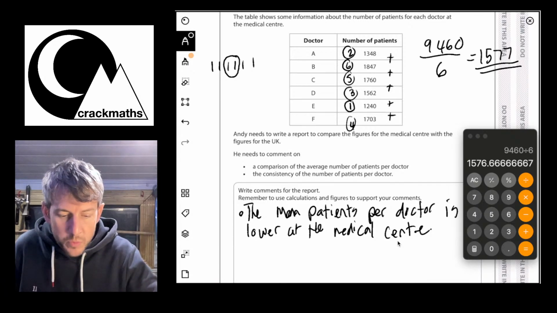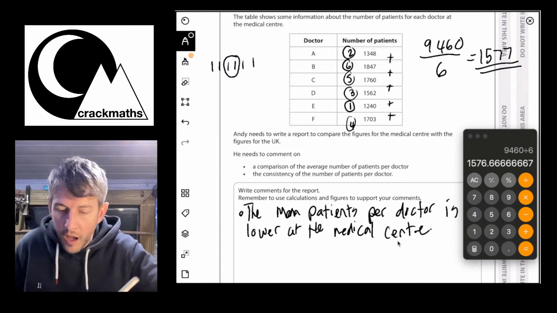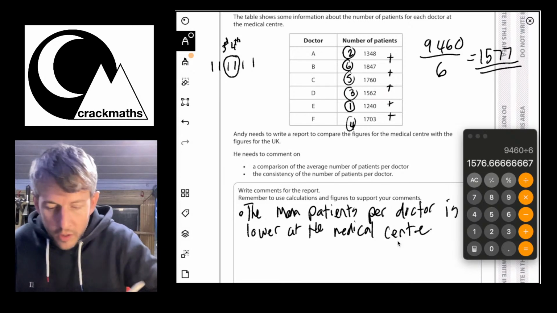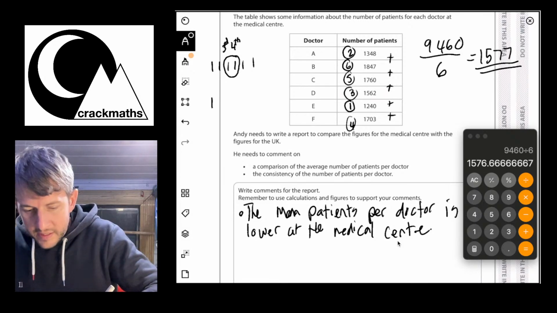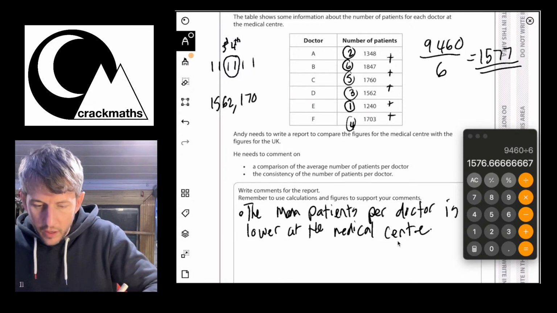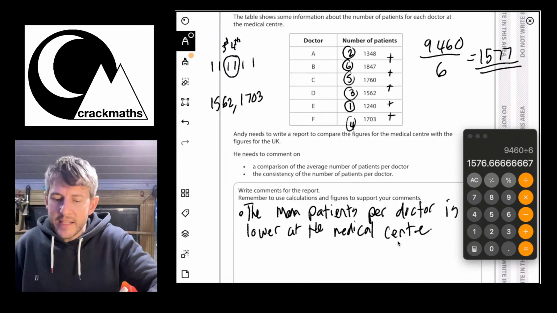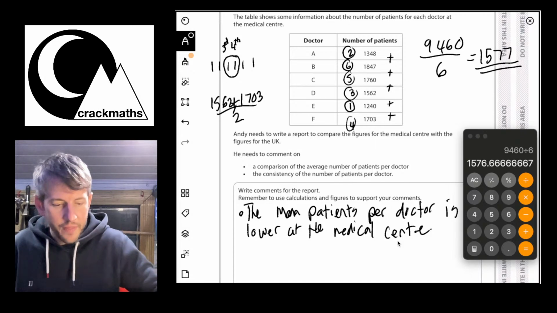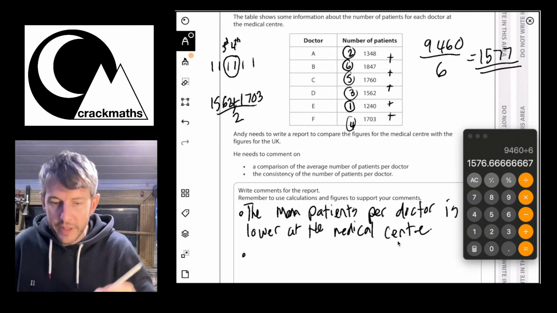With this one, I can see the middle 2 are the 3rd and the 4th. So in that case, I've got 1562 and 1703. And if I want to find the median of these two, I've got to add them together and divide it by 2, and that's going to give me the median for this data.